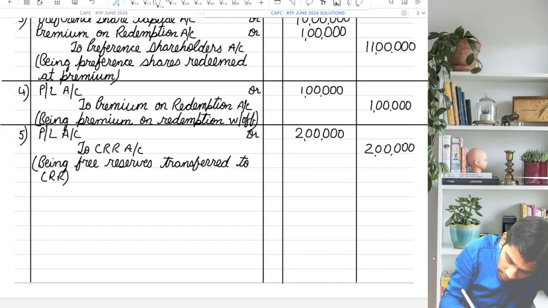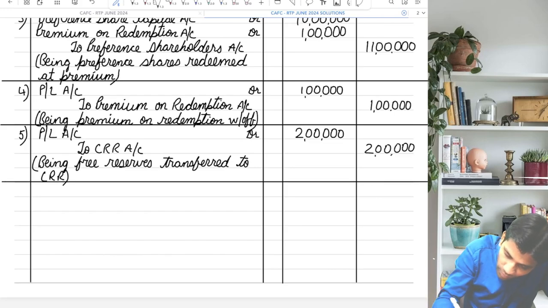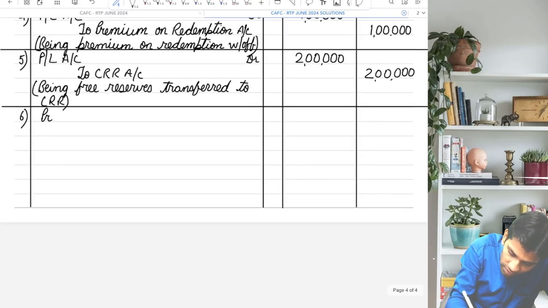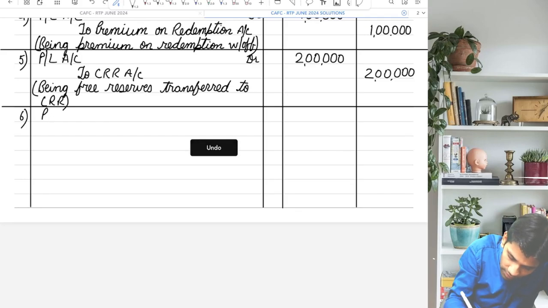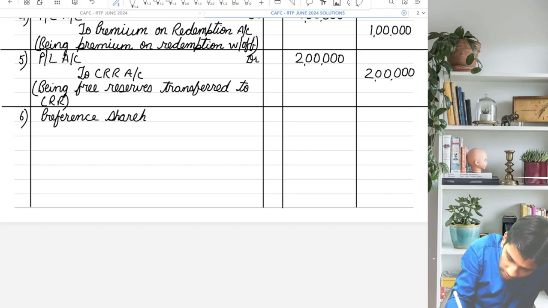Done. And the last step is payment to preference shareholders. So what is the entry? Preference shareholders account debit to bank account.